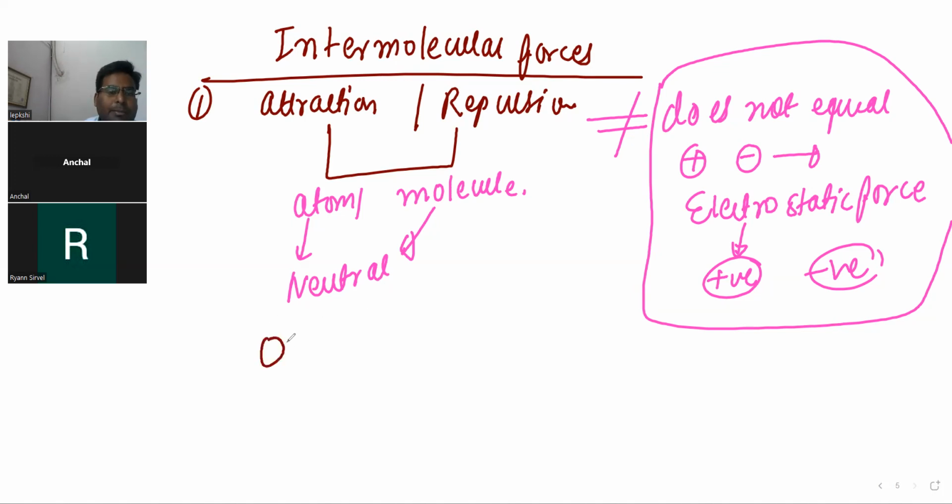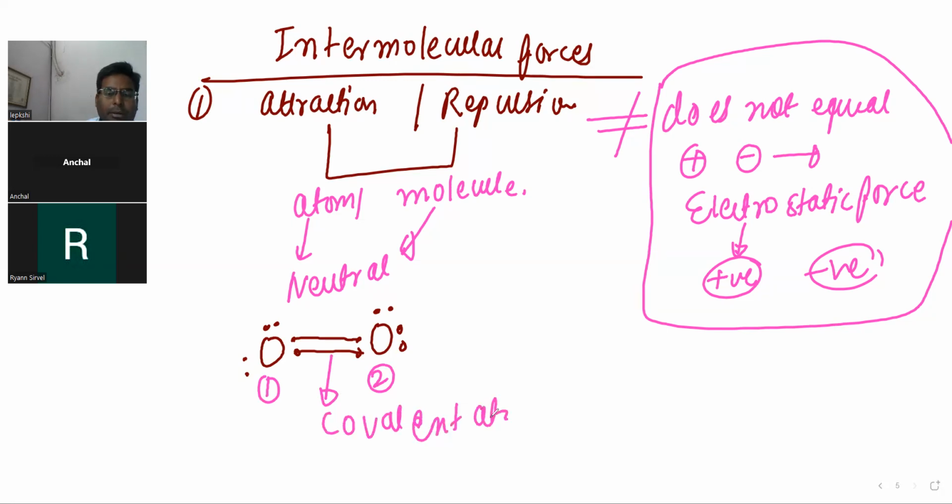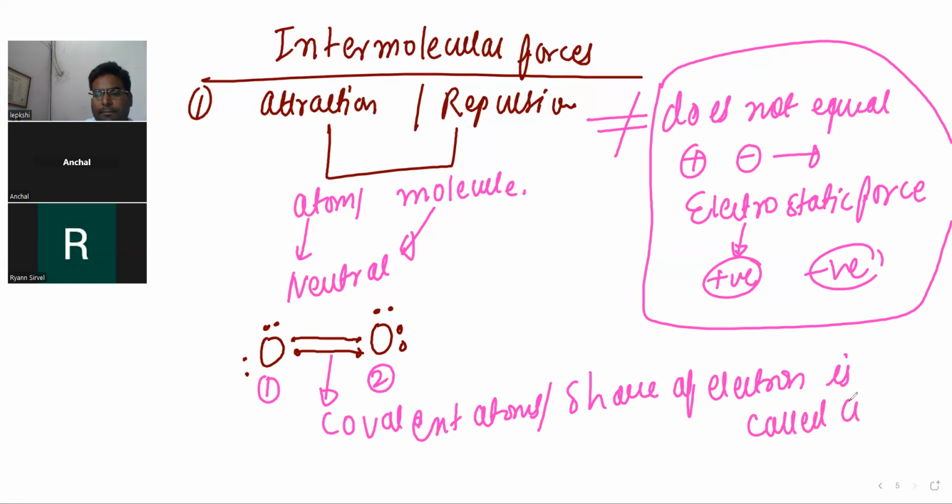Suppose I am taking an oxygen atom and another oxygen atom, right, they are sharing electrons. So these two atoms of oxygen are held by a covalent bond. When it shares the electron, the sharing of electrons is called a covalent bond.